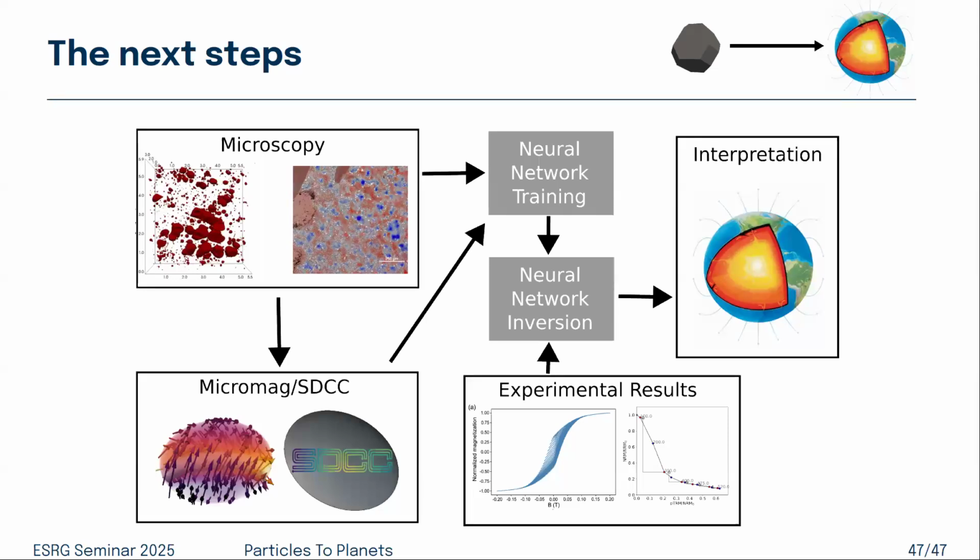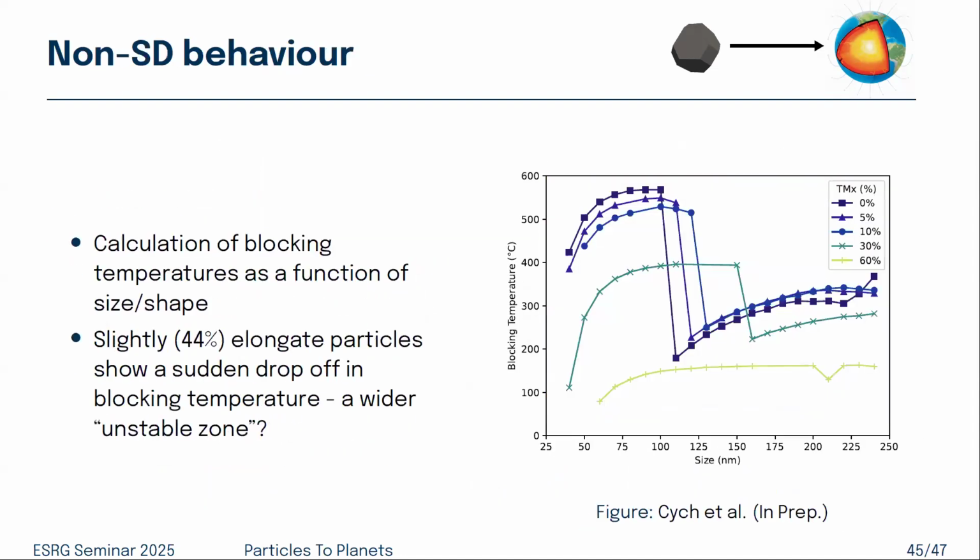Time consuming, but achievable. If we go to a variable composition, something close to a TM60, several microns is achievable. As you see things go further to the right to larger sizes here, we can simulate things at larger sizes for these compositions as well. So we can go higher.